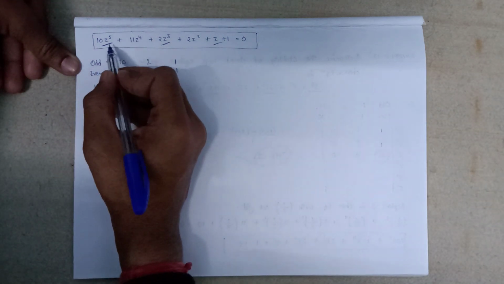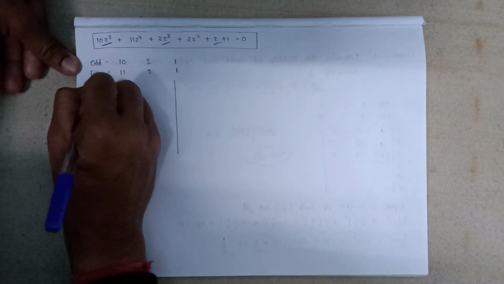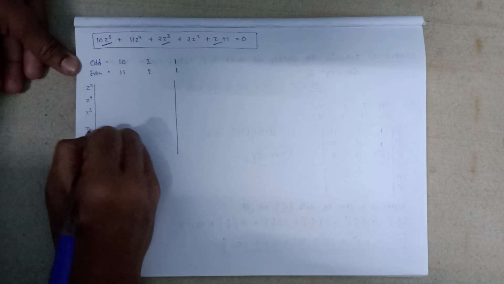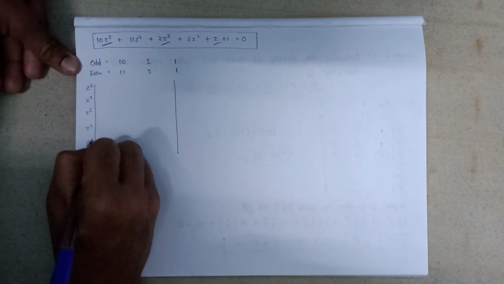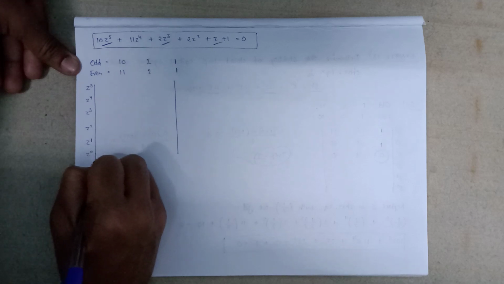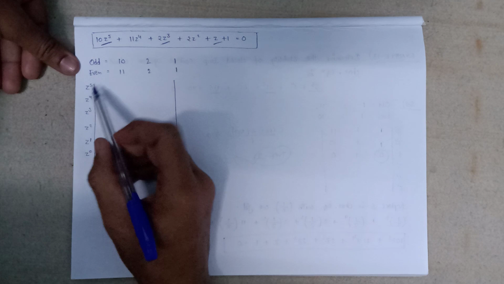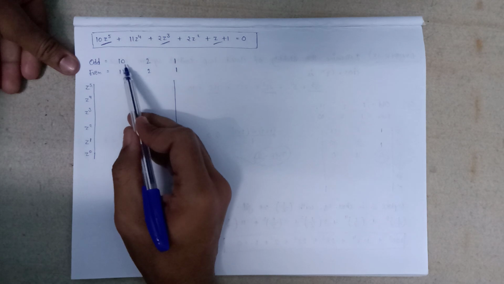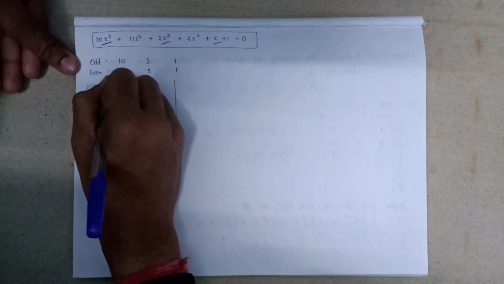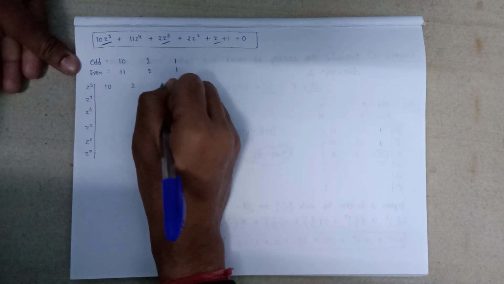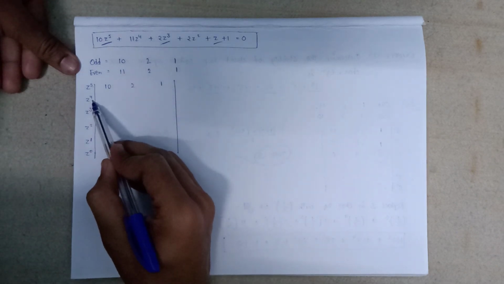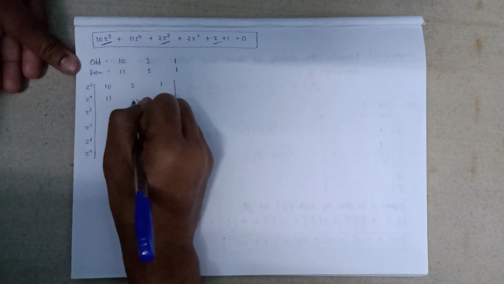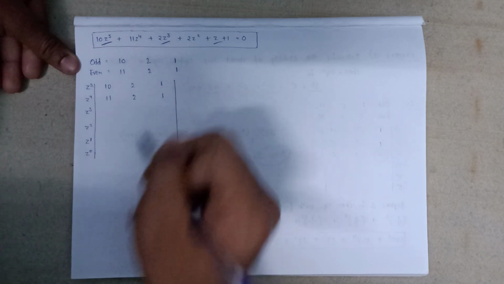The highest power of z is z to the power 5, then z to the power 4, z to the power 3, z to the power 2, z to the power 1, and z to the power 0 finally. Since 5 is an odd number, we will write the odd coefficients first: 10, 2 and 1. After that, 4 is an even number, so we will write the even coefficients: 11, 2 and 1.